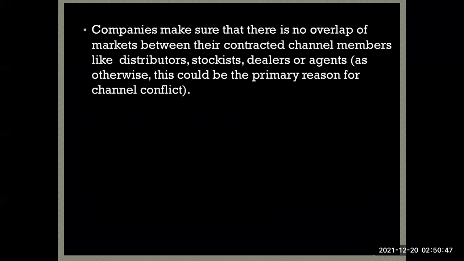Companies make sure that there is no overlap of the markets between their contracted channel members like distributors, stockists, dealers, or agents, as otherwise this could be the primary reason for the channel conflict. So, the company would not like to disturb their contractual channel members and company owned employee or company owned outlets.